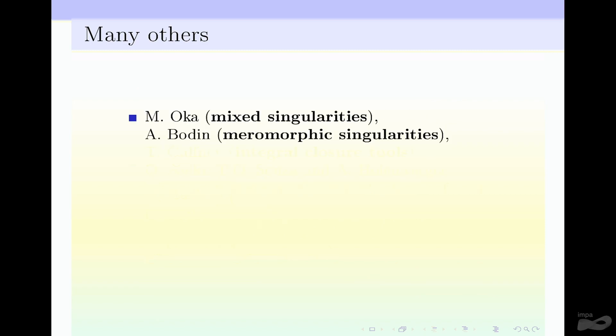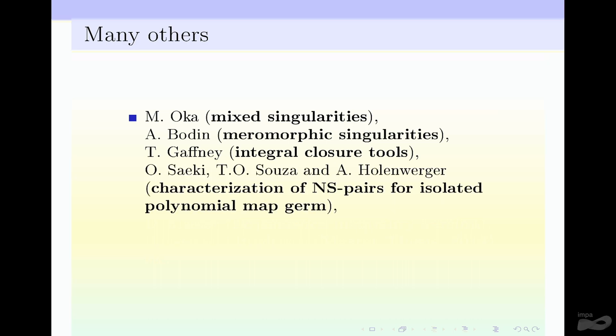Several others, for instance, Baudin. But Baudin, I think he did also something from the local case, but also in the global case, using such an f g bar mapping. And when you look at the projection to the sphere, it becomes a meromorphic function. That's by Gaffney, Saeki, Souza, Hohlenberger, by Massey.